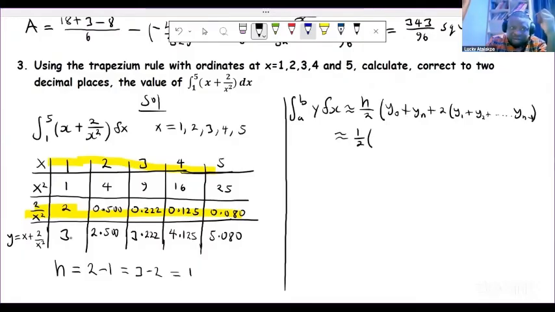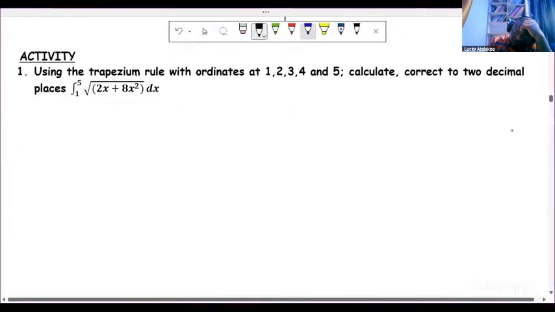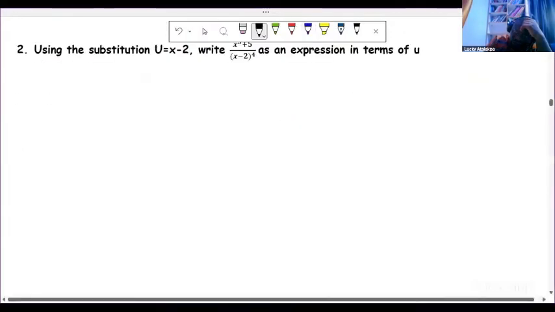Our first value here is 3. Our last value is 5.08. Then our values in between are 2.5, 3.222, 4.125. Oh, so sorry about that.